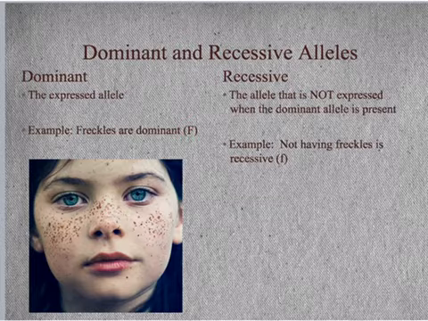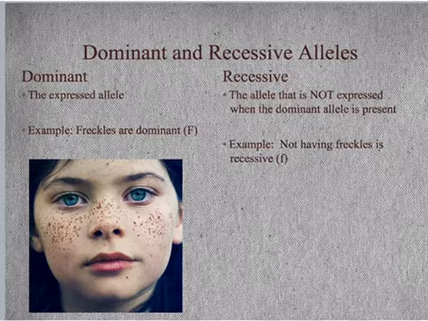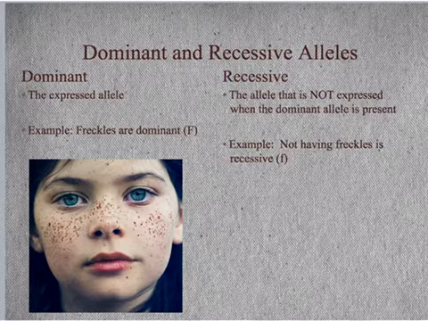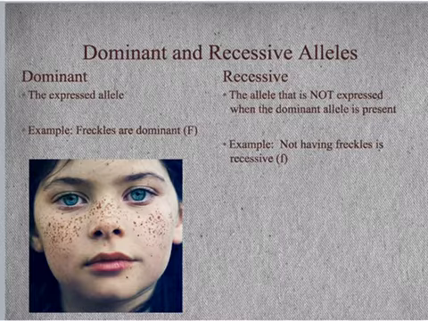And so a dominant trait is going to always dominate. Recessive will only show if the dominant allele is not there. So for example, I do not have freckles, so I do not have a capital F, a dominant freckle allele. I have two lowercase alleles showing that I'm not going to have freckles.